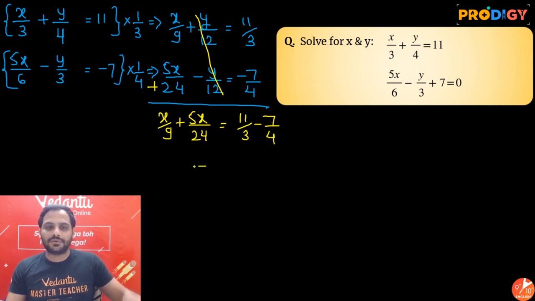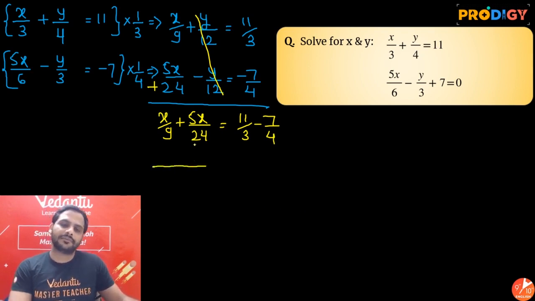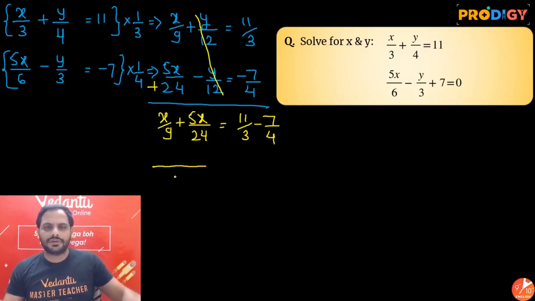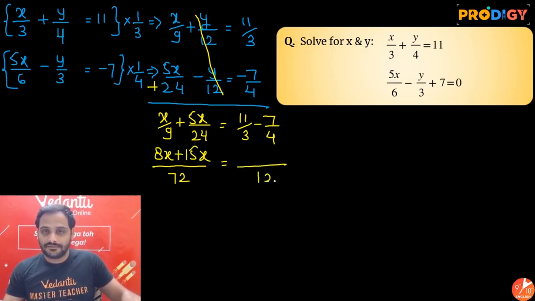Take the LCM over here, beta. 24, 48, 72. So 72 will be over here. So here we need to multiply with 8. So 8x and 24 3s are 72, so plus 15x is equal to, here the LCM will be 12, and here 11 4s are 44, 4 3s are 12, minus 7 3s are 21.